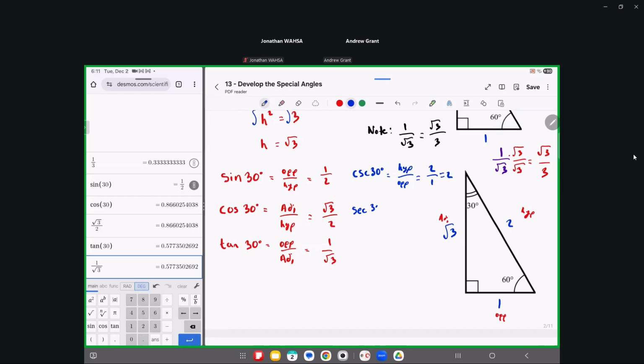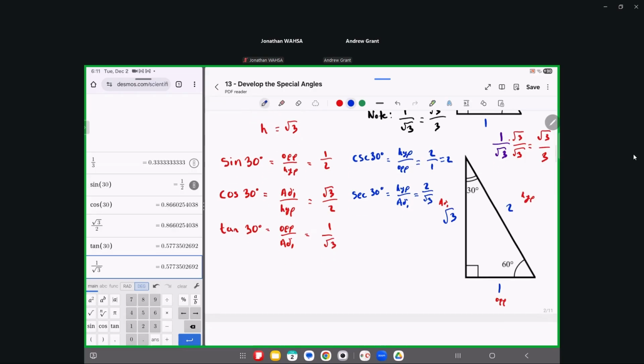So secant of 30 degrees would be hypotenuse over adjacent, which will be 2 over the square root of 3. And lastly, instead of tan 30, we could have cotangent of 30 degrees, which will be the adjacent over the opposite, which will be the square root of 3 over 1, which is just the square root of 3. And so we have exact solutions for everything involving a 30-degree angle.